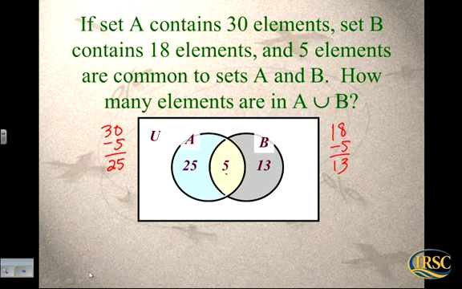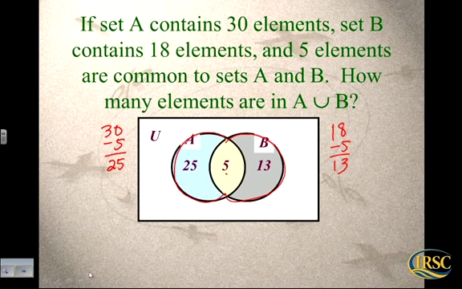Okay, so the union includes anything that's in A, anything that's in B, or anything that's in both. So basically you're looking at everything inside of those 3 regions. If you add that up, 25 plus 5 is 30, plus 13 is 43.